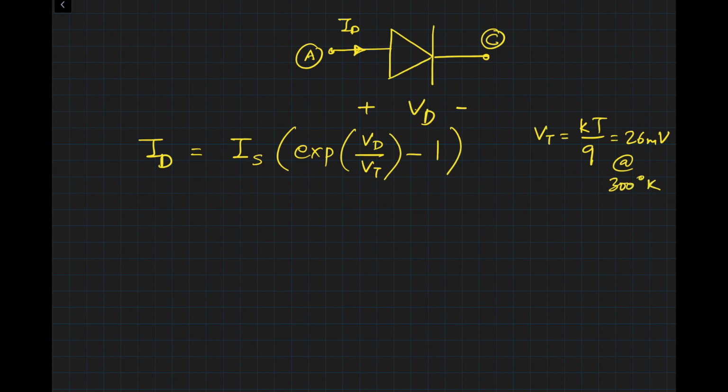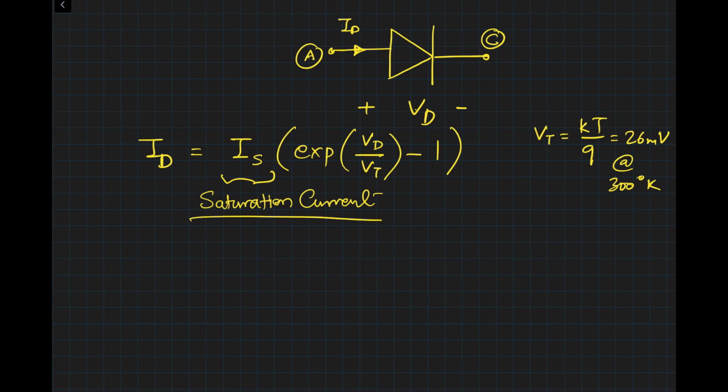Now what is this IS saturation current business? I'm going to explain that. So let me explain it to you intuitively rather than writing a whole bunch of equations which you can review on your own looking at any device book.